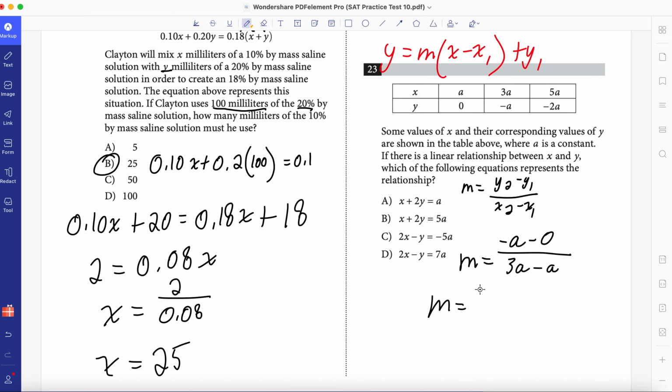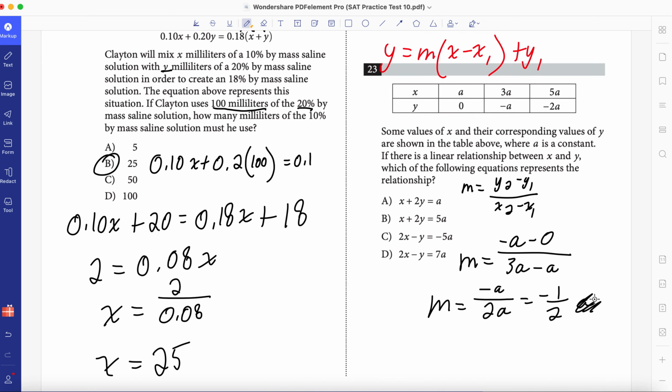M is going to equal negative a over 2a, and then this can be written as negative 1/2 a.